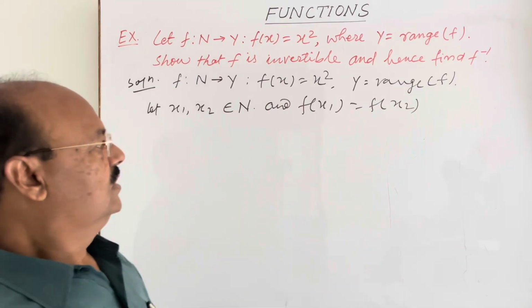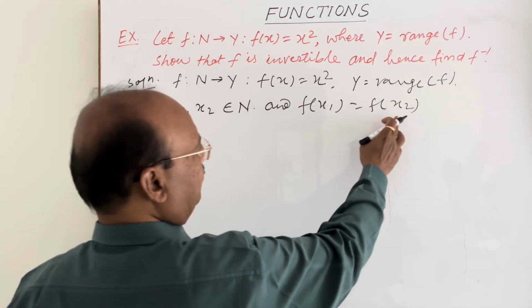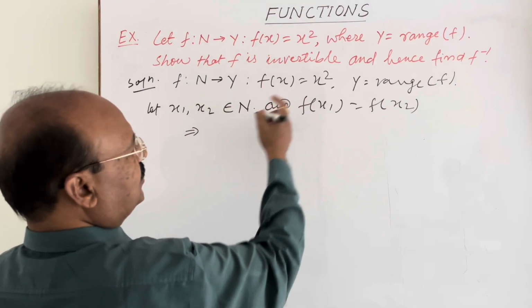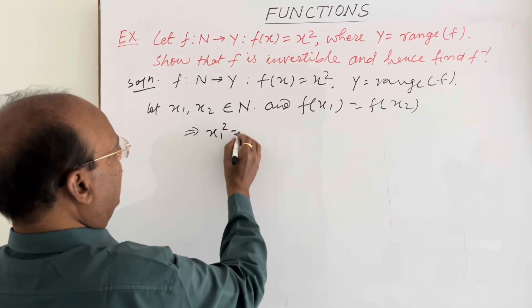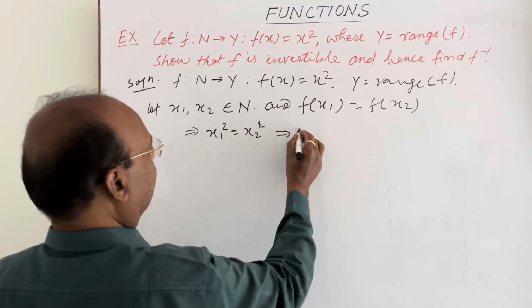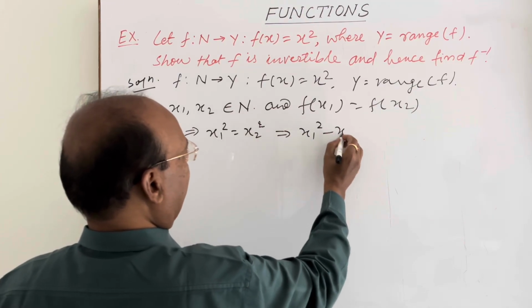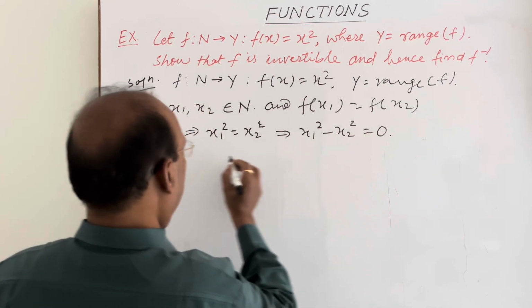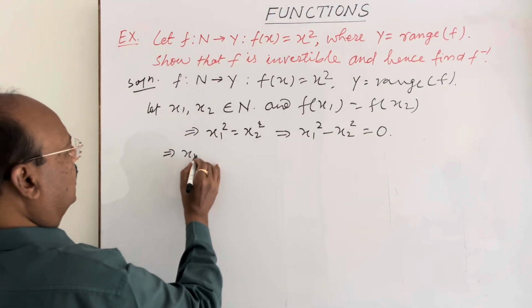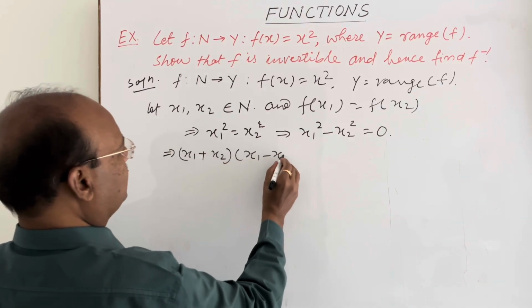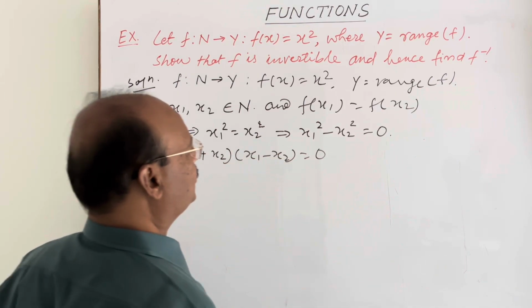Okay, and f(x1) is equal to f(x2) implies that by this definition x1 square is equal to x2 square, and this implies that x1 square minus x2 square is equal to 0, and this implies that (x1 plus x2) into (x1 minus x2) is equal to 0.